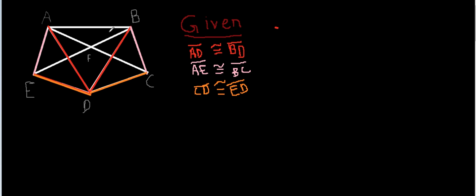This line should be orange, not red. So that means these two angles right here, angle DAB and angle DBA, are congruent. That's how we're going to show that.